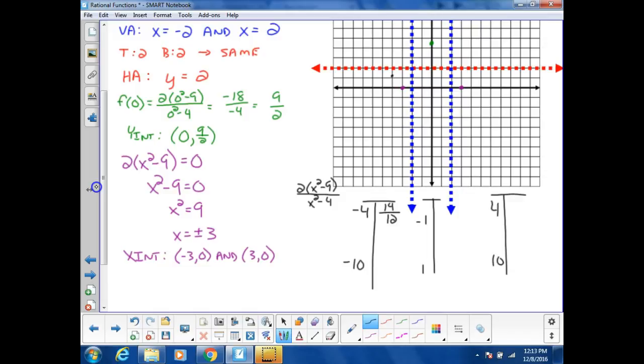-10 squared is 100. Minus 9 is 91. Times 2 is 182. Divided by 100 minus 4 is 96. It's not quite 2, but it's pretty close.